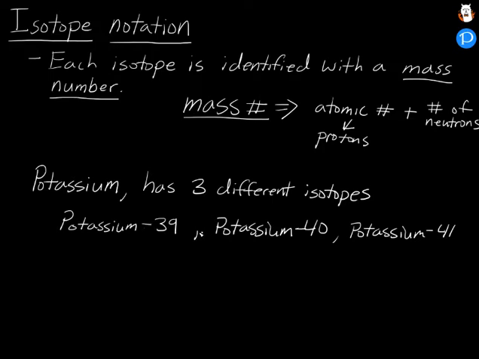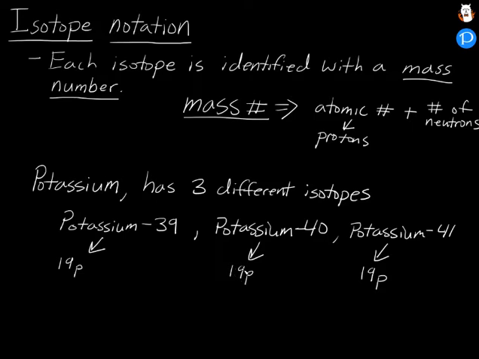Remember what that means: this isotope of potassium has 19 protons, and this one also has 19 protons, and this one as well. How many protons you have determines what type of element you are. If you have 19 protons, you are potassium.